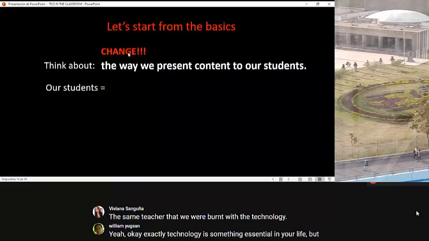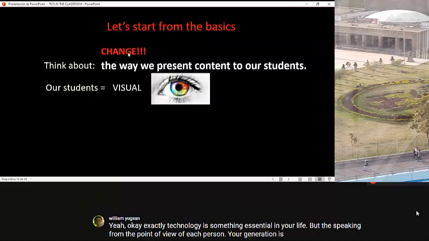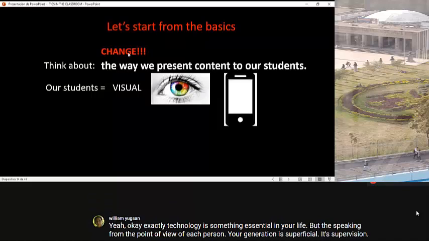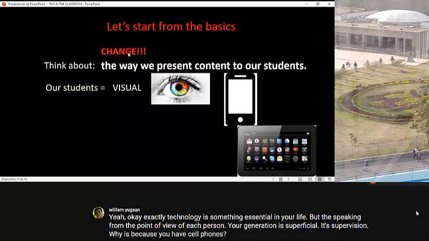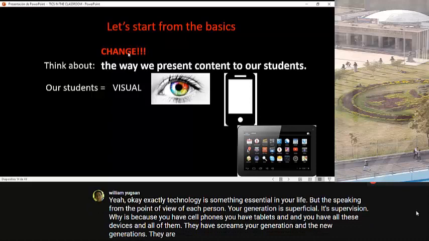But speaking from the point of view of each person, your generation is super visual. Why? It's because you have cell phones, you have tablets, and you have all these devices, and all of them have screens. Your generation and the new generations are extremely visual.